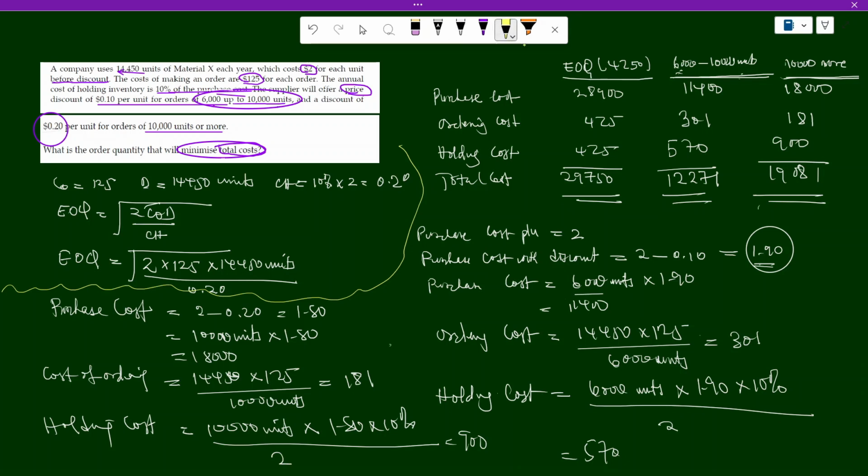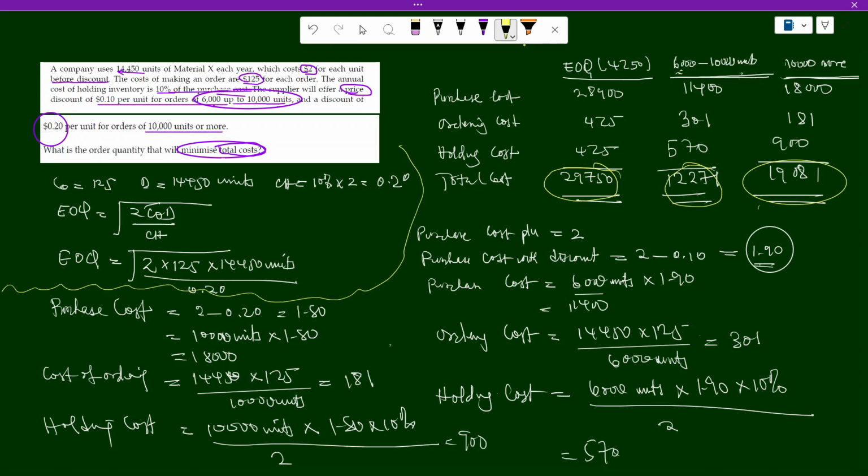Among these costs, which one is the lowest? So the lowest is buying between 6,000 and 10,000 units.